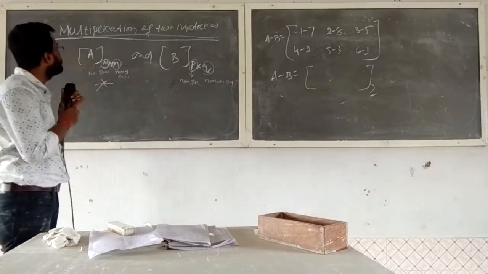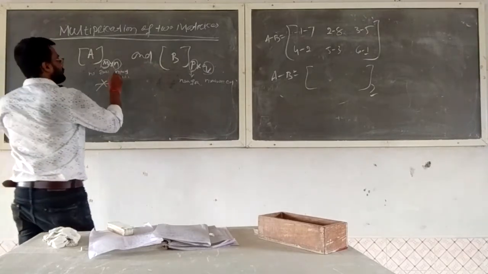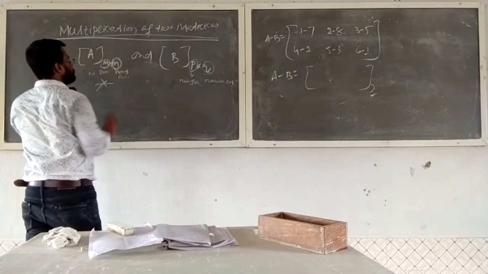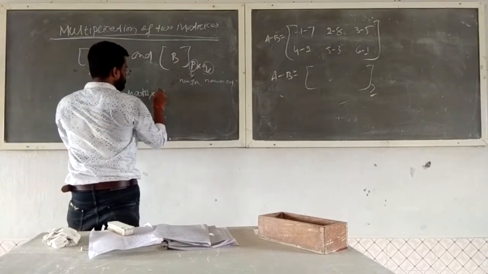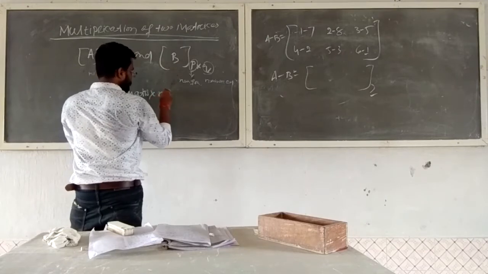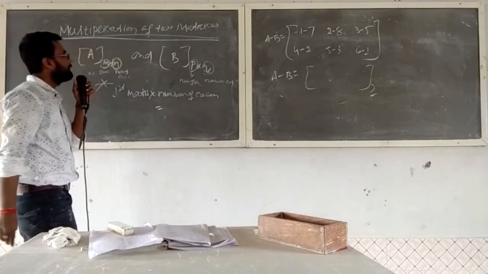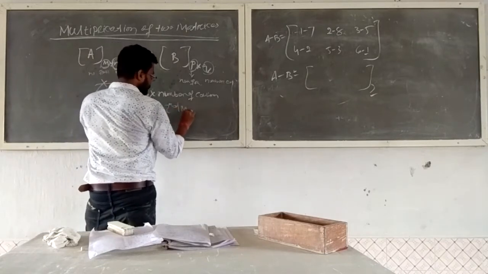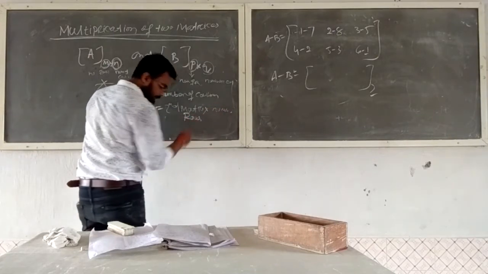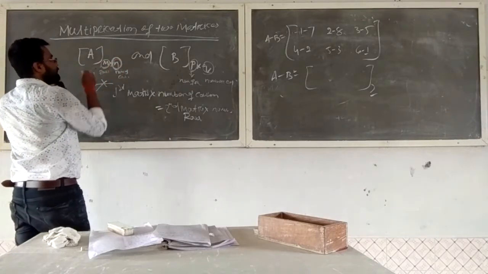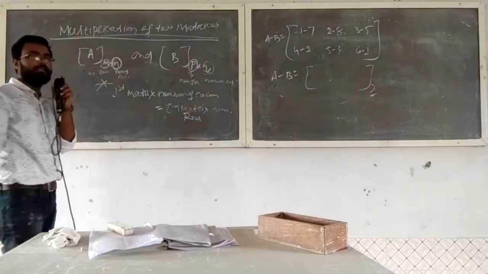Two matrices can be multiplied if the number of columns of the first matrix is equal to the number of rows of the second matrix. Then the matrix multiplication is possible.